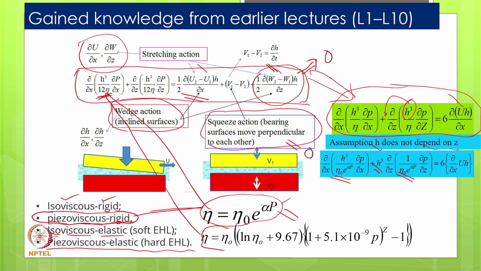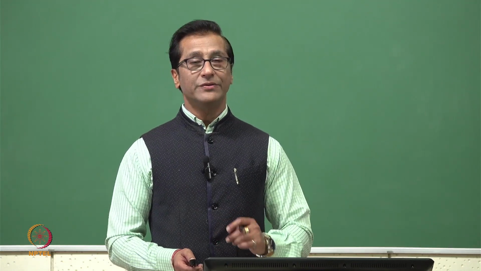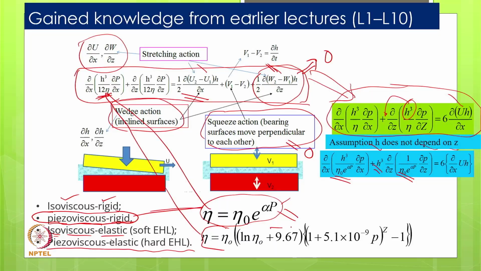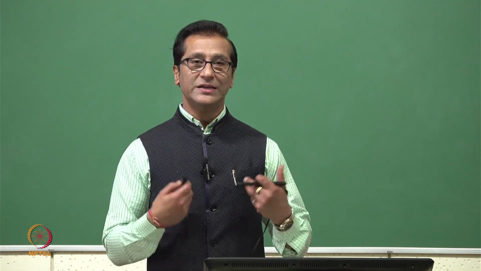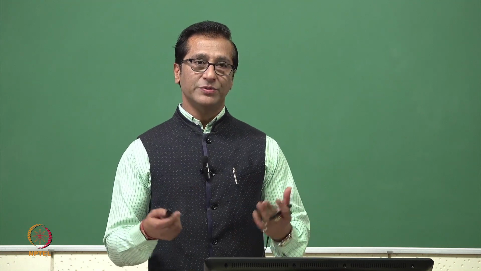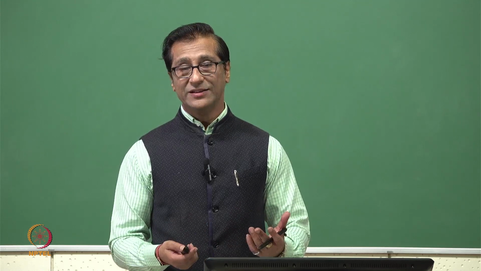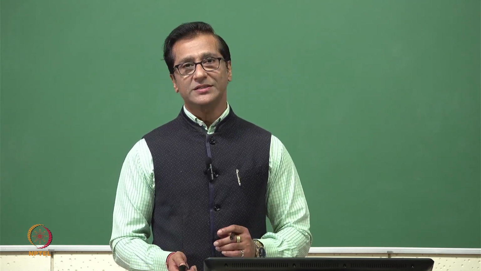We are substituting eta 0 times e to the power alpha p. We are assuming the pressure will be lesser than 100 megapascal. If it is more than that, we need to bring in Roelands' equation. However, it will increase the mathematical complexity. That's why, to understand initially how the piezo-viscous rigid effect can be calculated, we are bringing in this simplification.